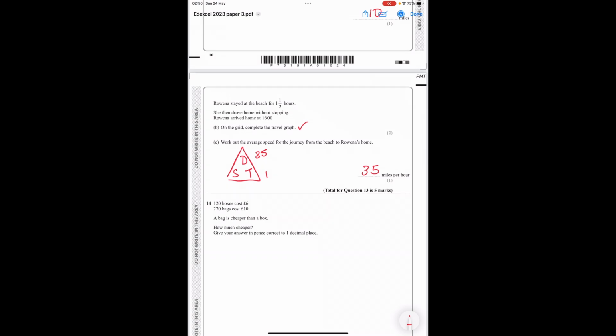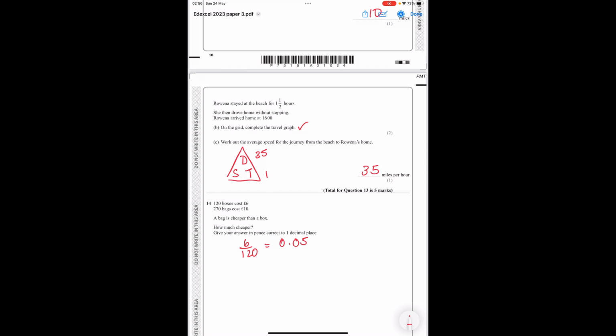Question 14. 120 boxes cost £6. 270 bags cost £10. A bag is cheaper than a box. How much? So for the boxes, we had 6 divided by 120, which gave us 0.05.